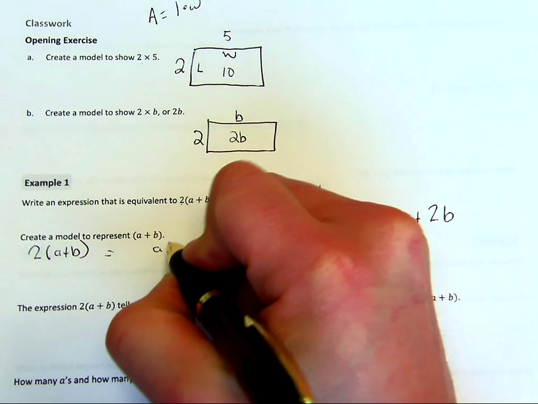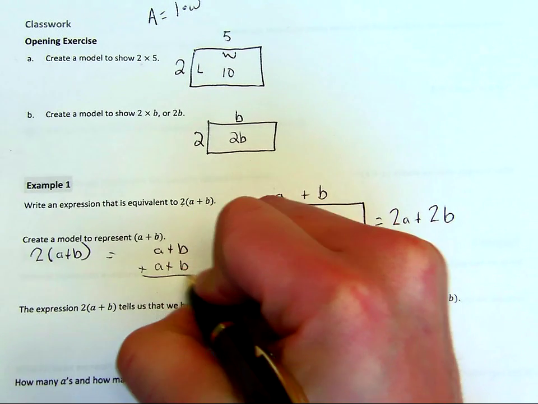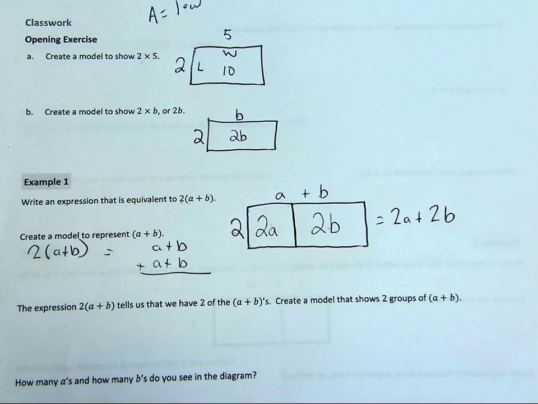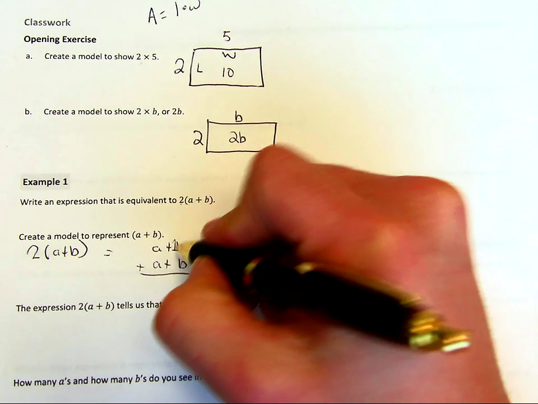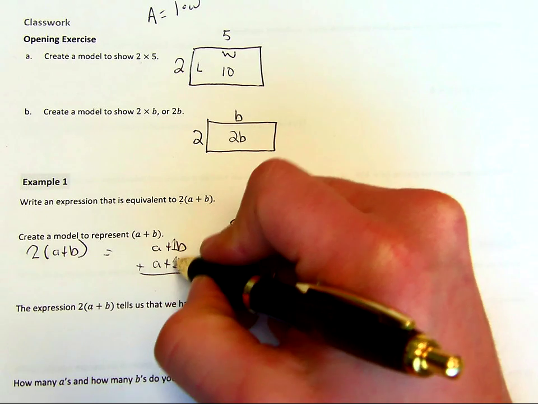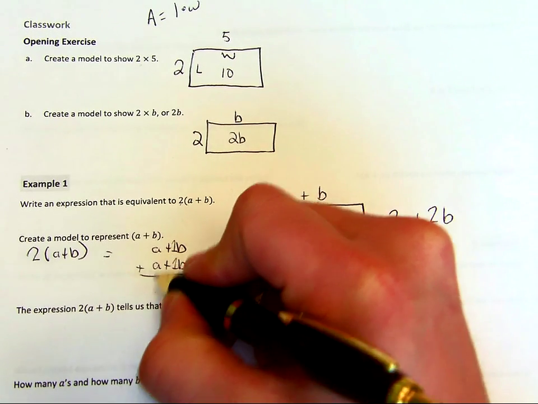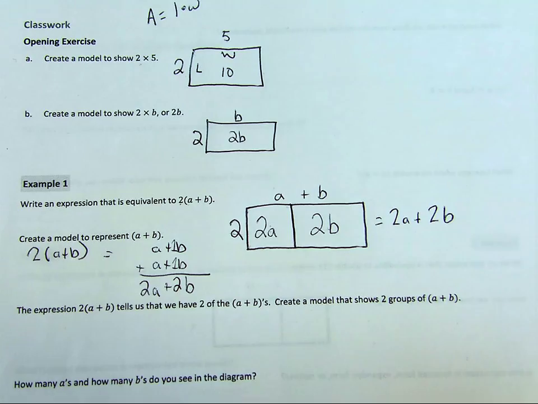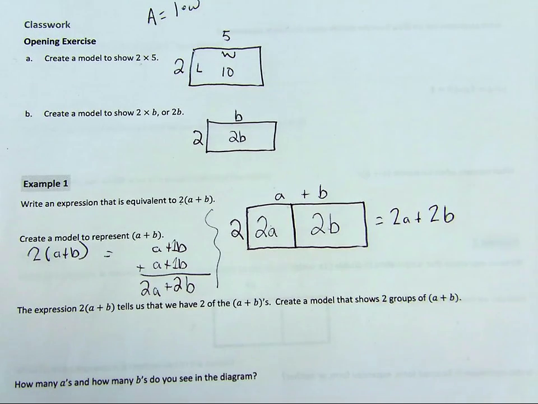So it would be a plus b plus a plus b. We know when we're adding these, we can only add the terms that are alike. So 1b plus 1b makes 2b. A plus a is 2a. So I have 2 sets of this. This is a different method. We'd call that the repeated addition method.